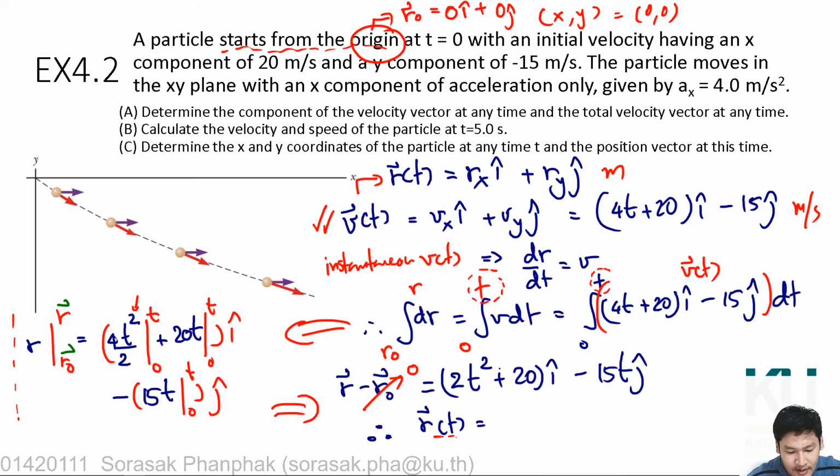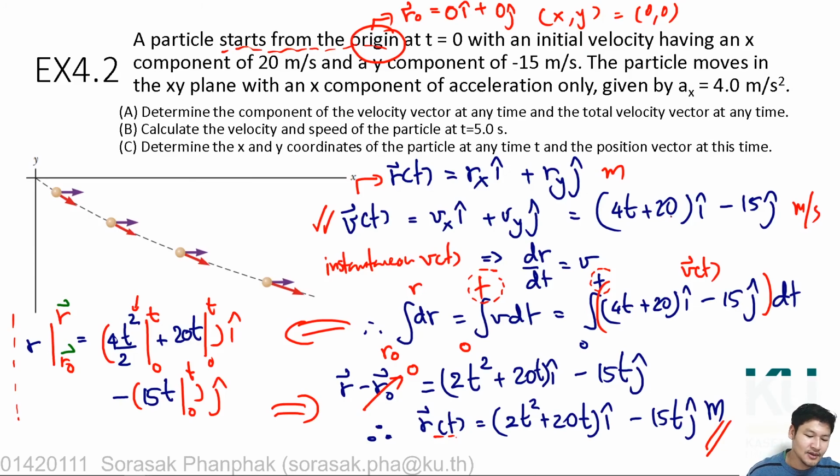So now you got the final result as (2t squared plus 20t) i minus 15t j in meters. Don't forget that you have t over here. Be careful about this as well, because when you have this kind of line, you can mix up easily. This is what this problem is asking you to find out.